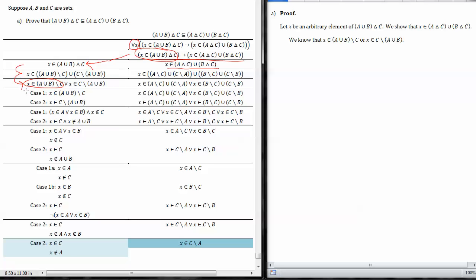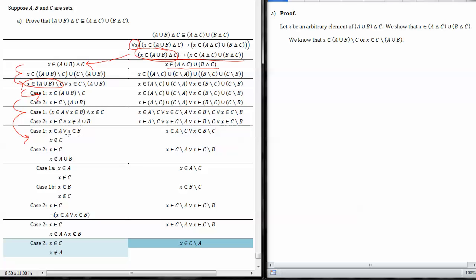So from this we got case 1. And we wrote out what that meant, which got us down here. And we broke that up a little bit to get here.